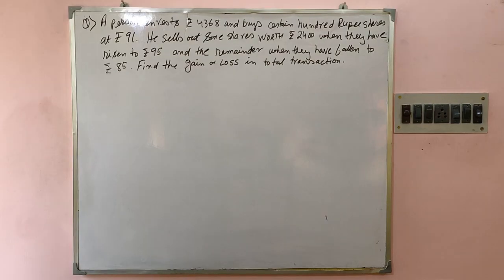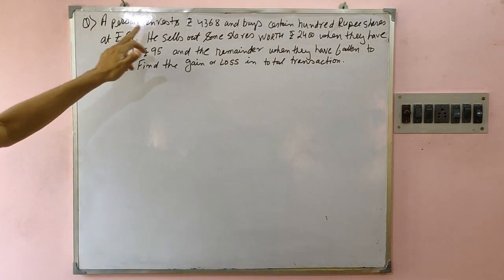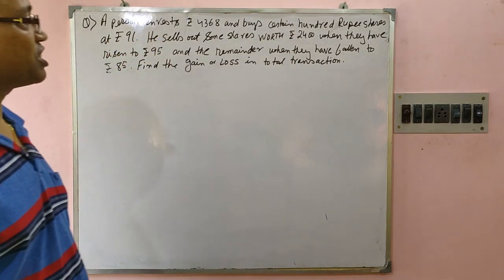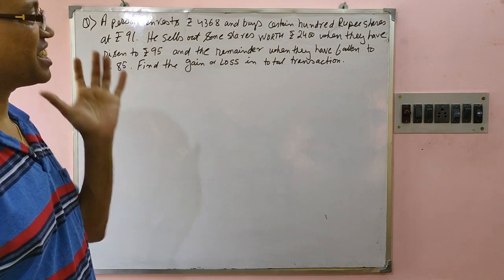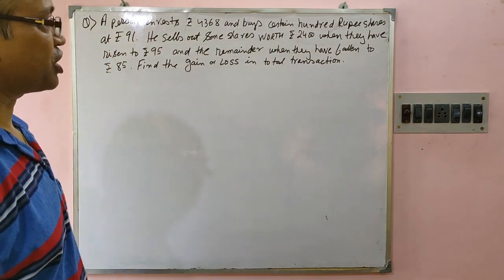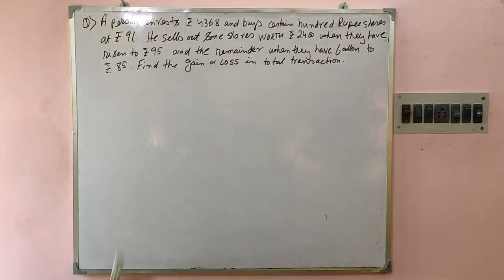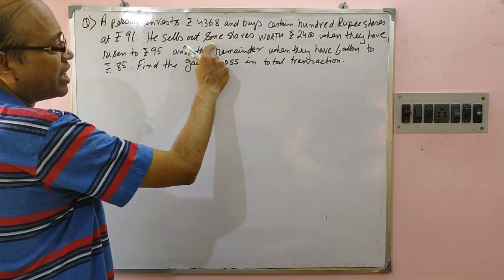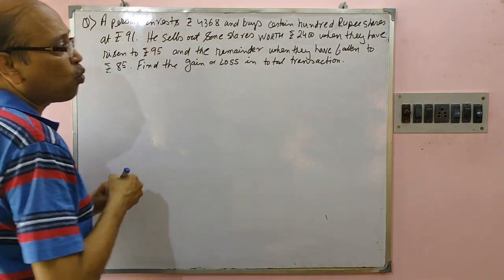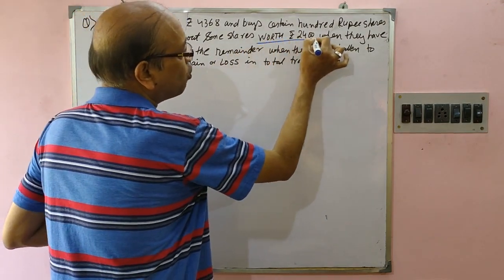Clear? A person invests rupees 4368 and buys certain 100 rupee shares at rupees 91. He sells out some shares worth rupees 2400.